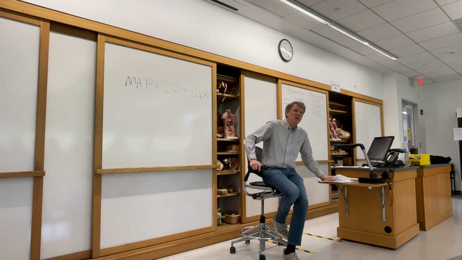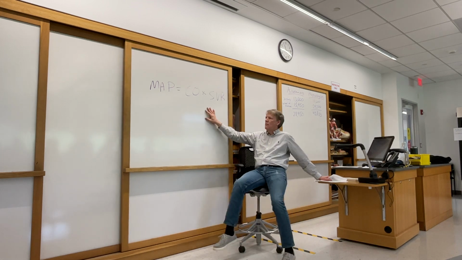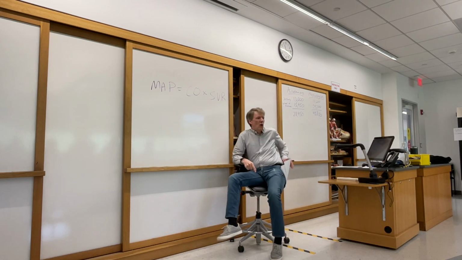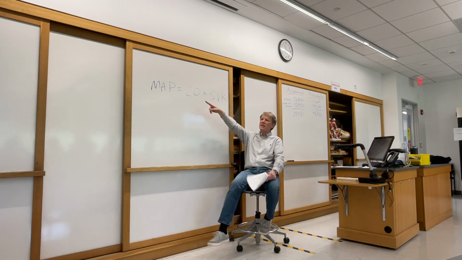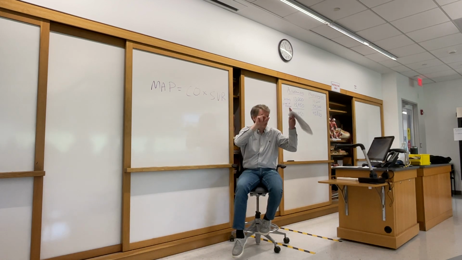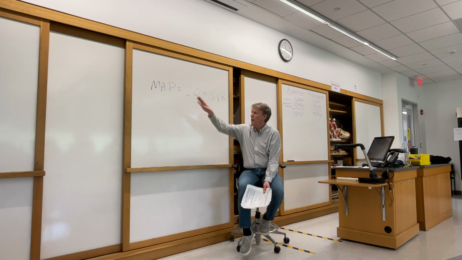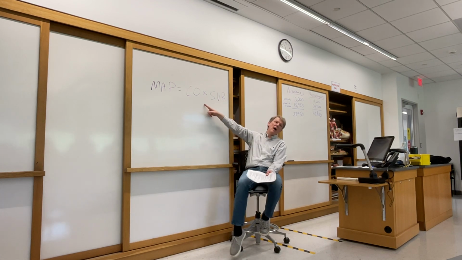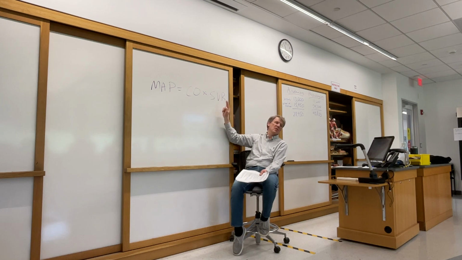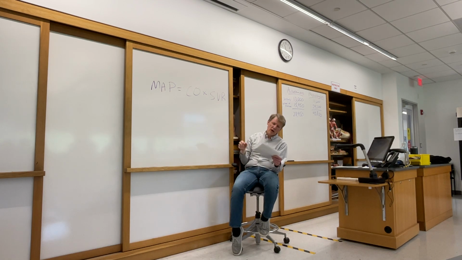Here's a formula that you might want to try to remember for figuring out blood pressure. Remember, this was a rearrangement of Ohm's law, and it's basically saying that the mean arterial pressure, which you can just consider your blood pressure, because that's usually what we're talking about, is your arterial blood pressure. So your blood pressure equals the cardiac output multiplied by the systemic vascular resistance. Anything that makes the cardiac output go up or anything that makes the resistance go up is going to make the pressure go up.